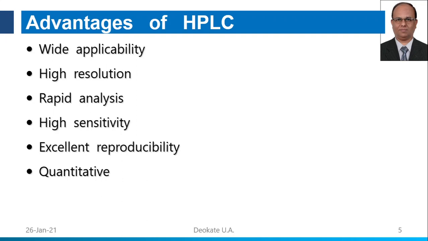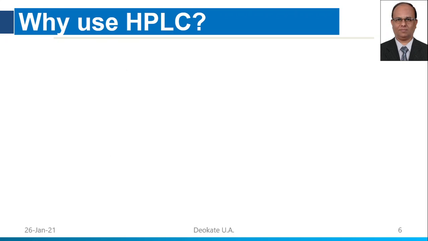As we know, TLC and paper chromatography, we are only using for qualitative analysis because we are not using any detector there. But in case of HPLC, we are getting a detector, so it can be used for quantitative analysis. It can be easily automated, so human error can be reduced, giving more precise results.